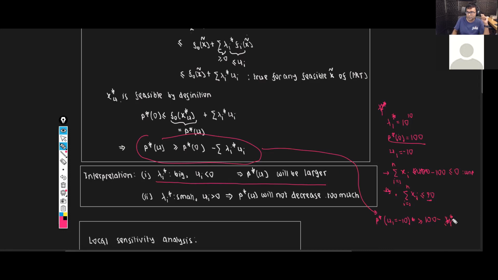Its value is 10 to the power 10, and then you take this minus 10. So essentially this 100 does not even matter anymore. It's significantly going to go up.